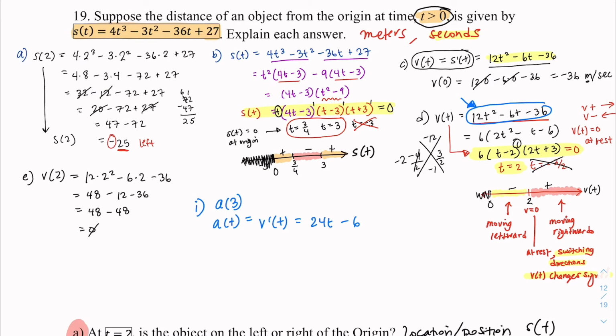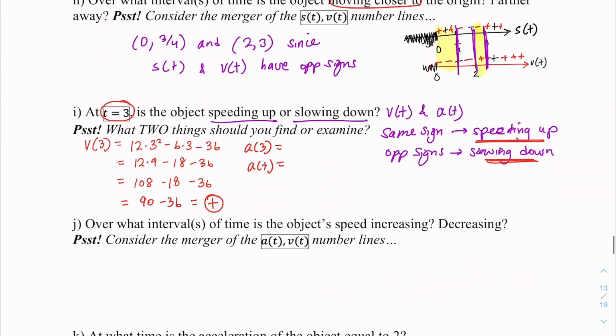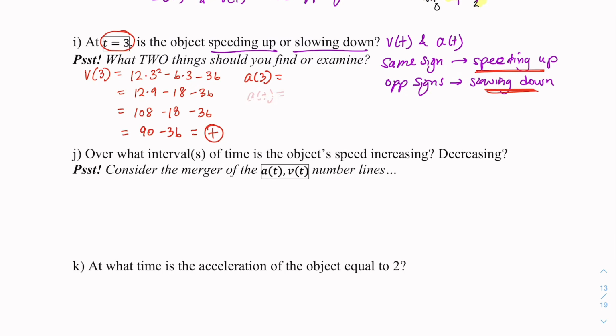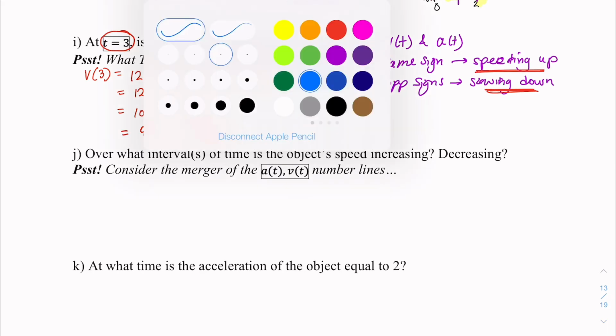Therefore, A of 3 is 24 times 3 minus 6. So A of 3 is also positive, showing our work here. So moving down here, since both our velocity and our acceleration are positive, that means that our object is speeding up.